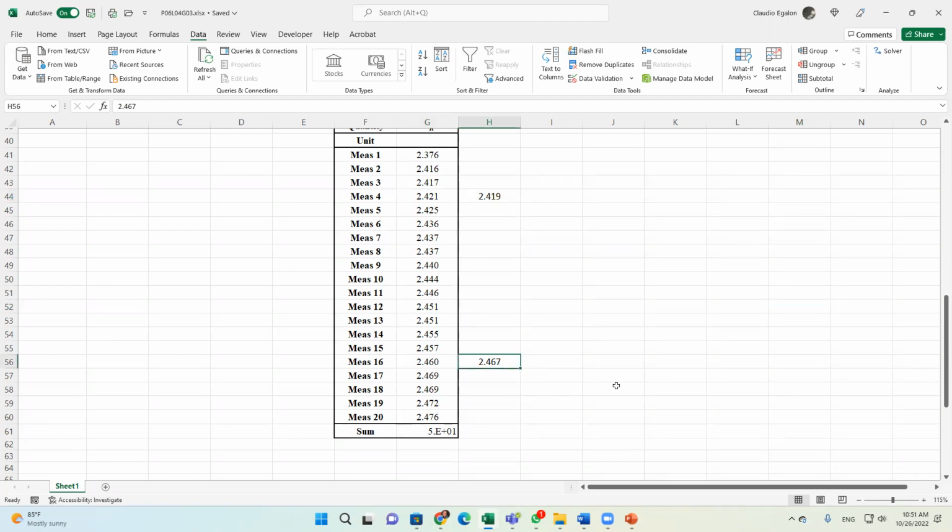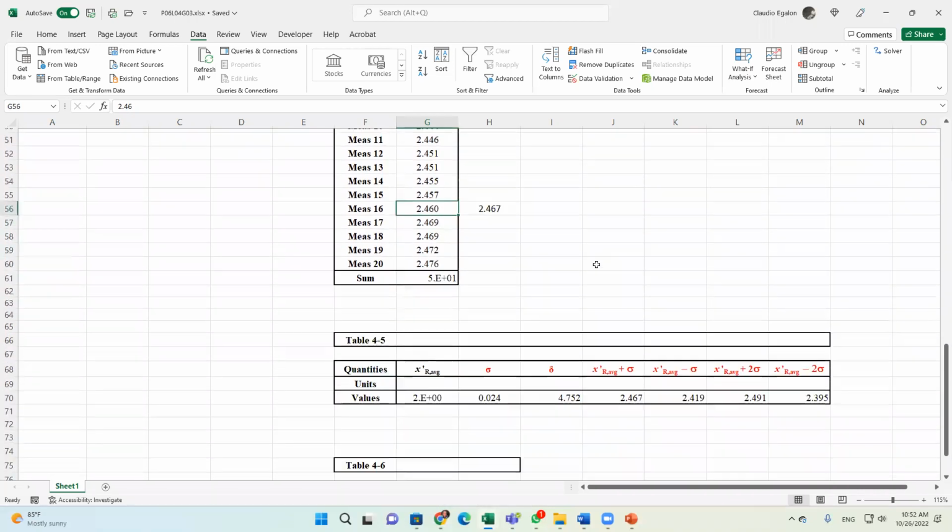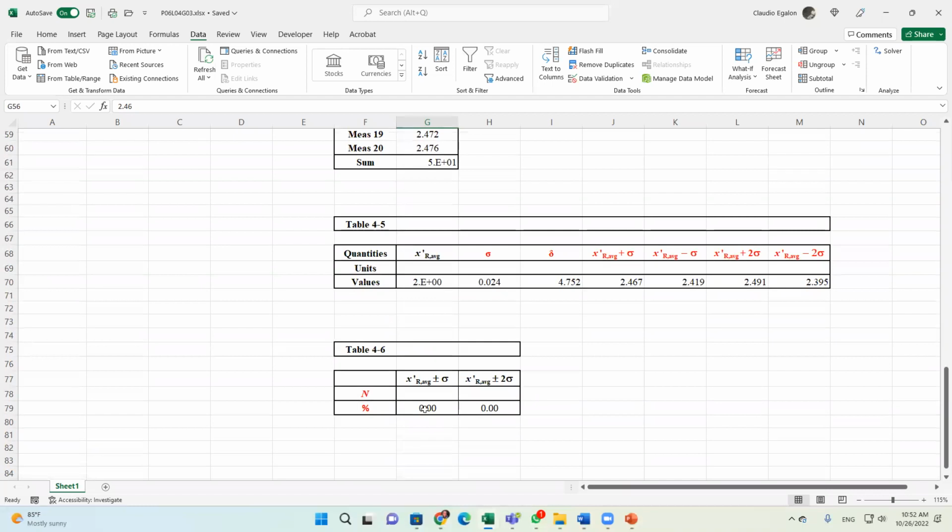The highest bound of your x average plus sigma, you put next to the next lowest value, okay? And then what else do you do? You count how many values you have here in between. 1, 2, 3, 4, 5, 6, 7, 8, 9, 10, 11, 12, 13. Okay? And with 13 values here, you go ahead.